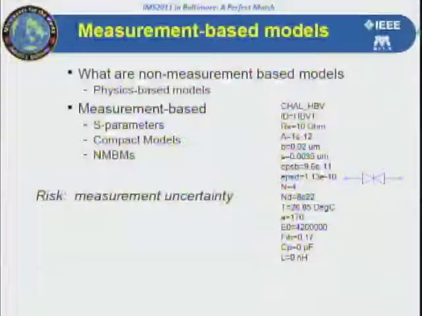Okay, so what are non-measurement based models? Well, the best example that I could come up with are physics-based models. So Bob True historically has done a lot of good physics-based modeling at North Carolina State University. Here's a diode model from Chalmers, but essentially rather than using measurement as the basis of your model, you're going to use physical parameters in this example. If there's another way to generate non-measurement based models, I don't know what it is, but potentially there is.